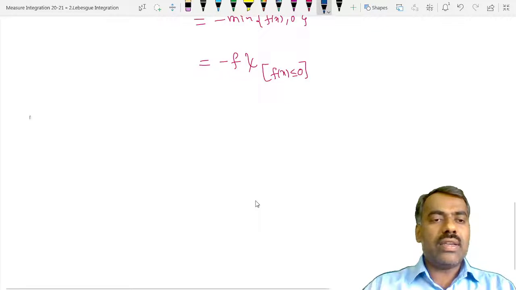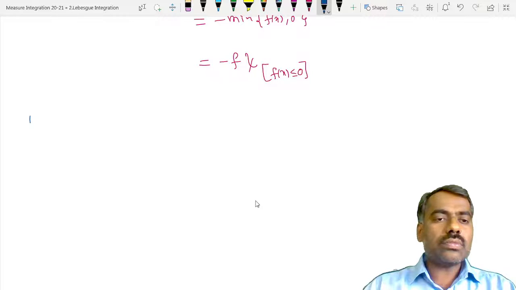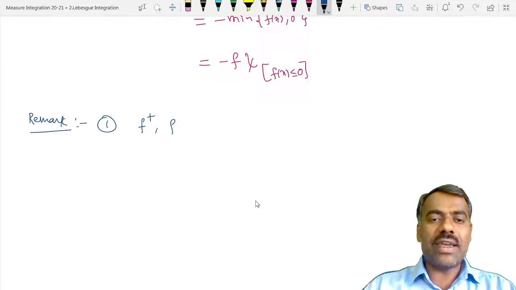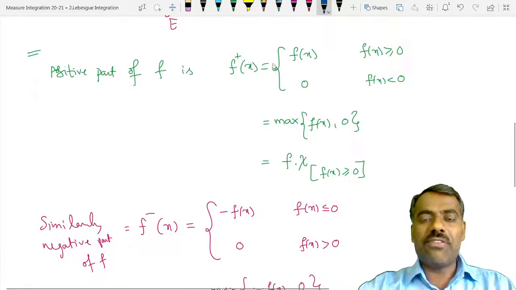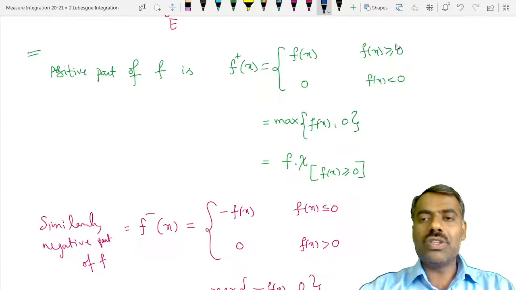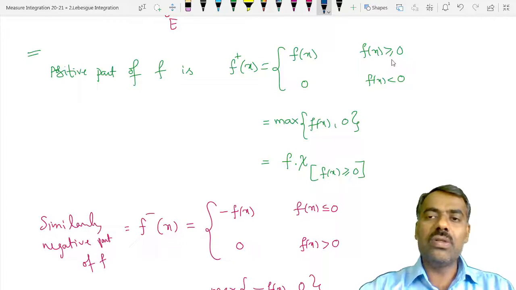No. Then we can observe, so you can call it a remark about this positive and negative part, that f plus and f minus both are greater than or equal to 0. They are non-negative functions. Why? Because this f plus is f of x or 0, so it is greater than or equal to 0, right? Yes or no? F plus is greater than or equal to 0 because f of x is also greater than or equal to 0.